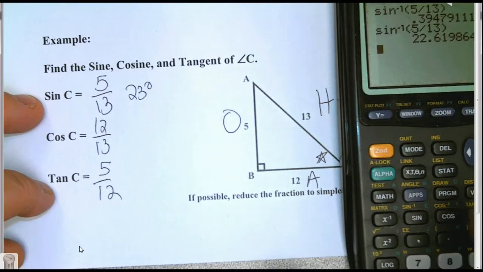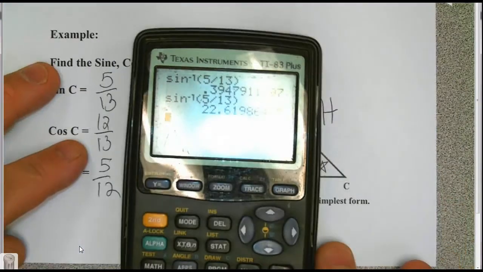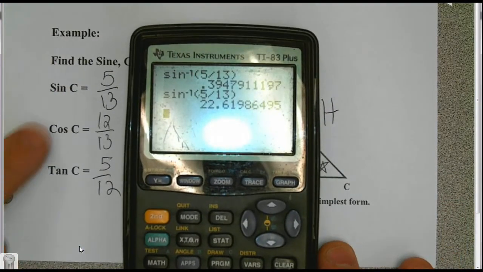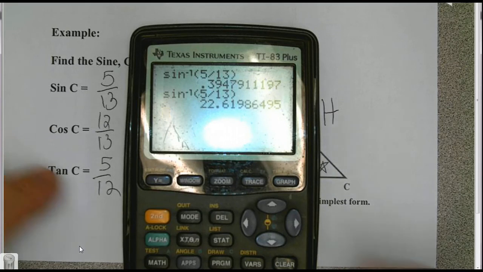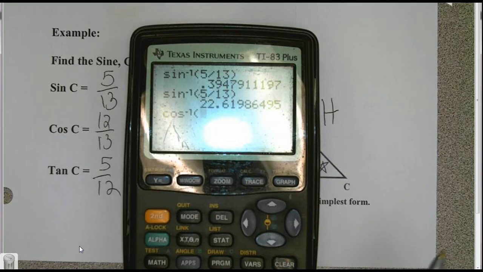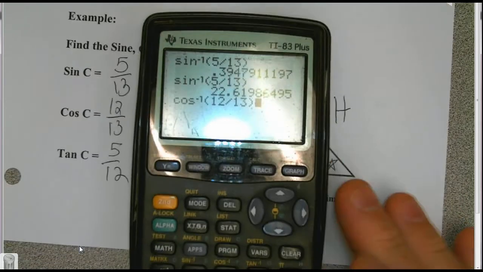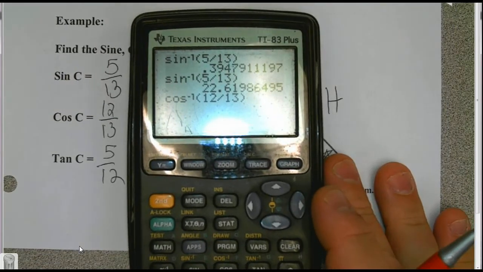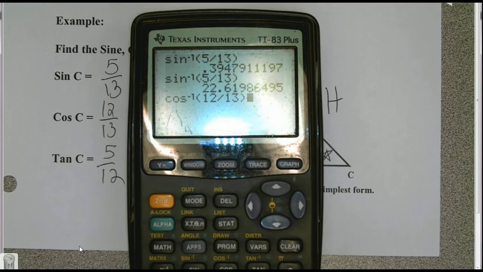Now, we can check this with cosine and tangent. So when I hit second cosine of 12 over 13, I should get the same answer because the relationship between the adjacent and the hypotenuse should give me the same answer. And it does.